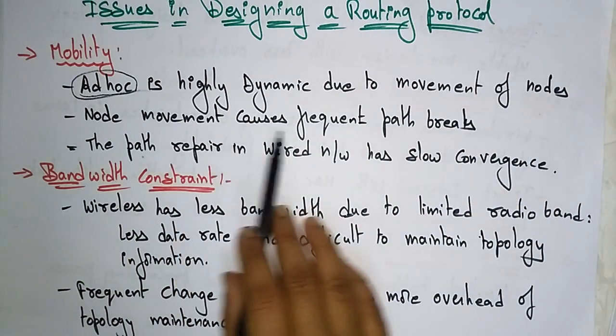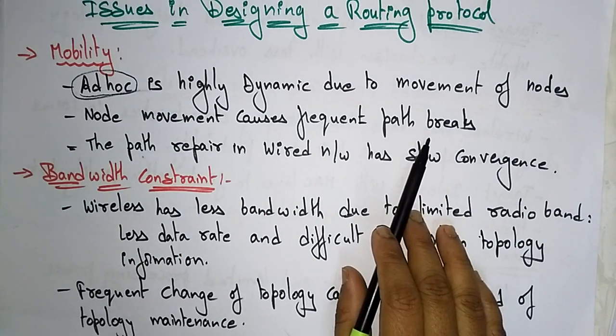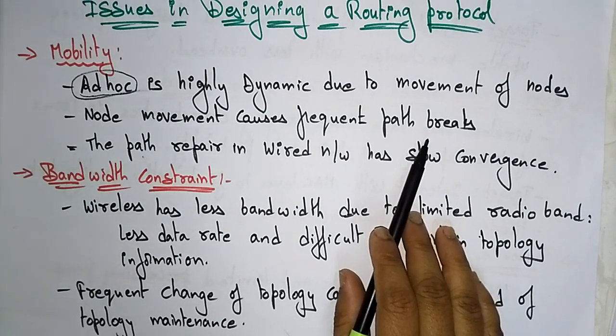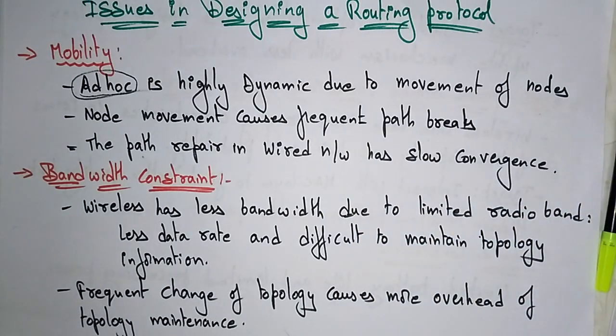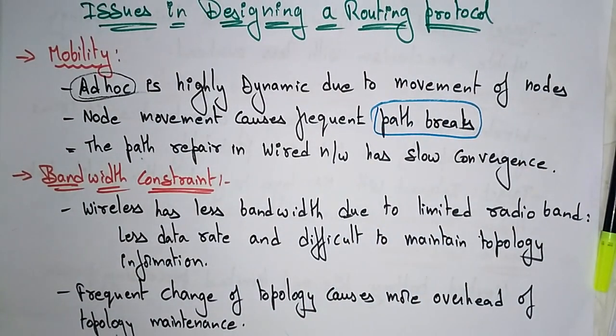The node movement causes frequent path breaks. In mobility, the issue that we are facing is that whenever the nodes are moving frequently, there is a chance of path breaks. The call may be disconnected, or the wireless connection may be dropped at a particular node.